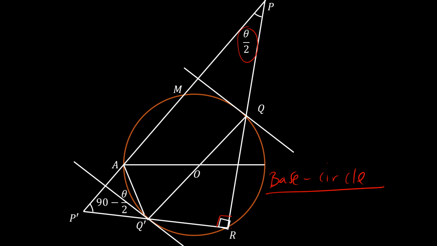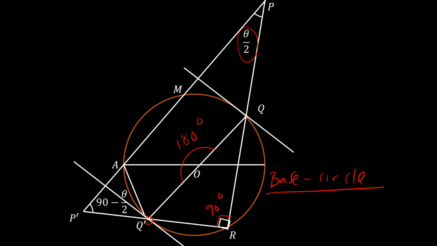Okay, so what does that tell you? It's very obvious as well that the angle subtended at the center is twice the angle subtended at the circumference. So since this is 180 degrees, it is also obvious to note that this is 90 degrees. That's also another way of looking at it.